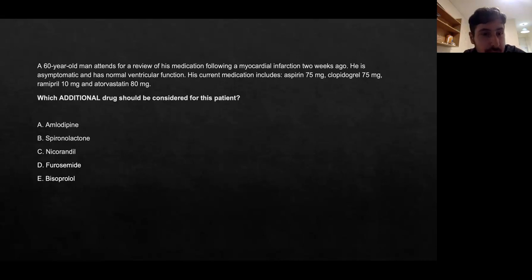What extra drug should be considered for this patient?